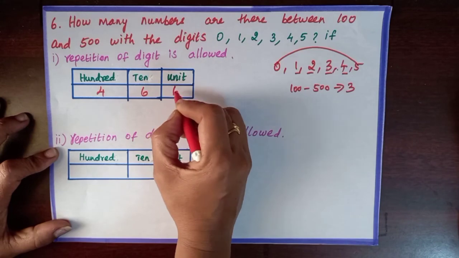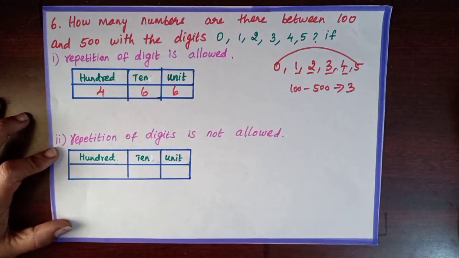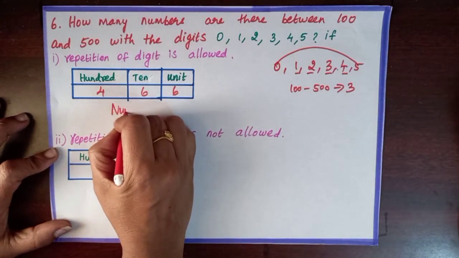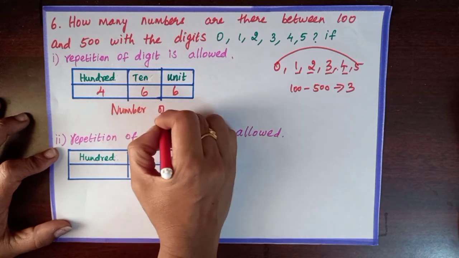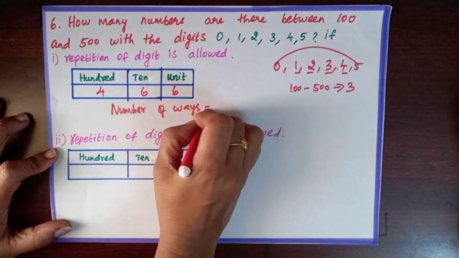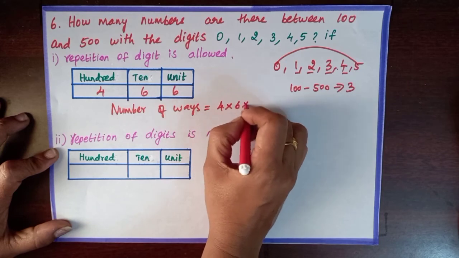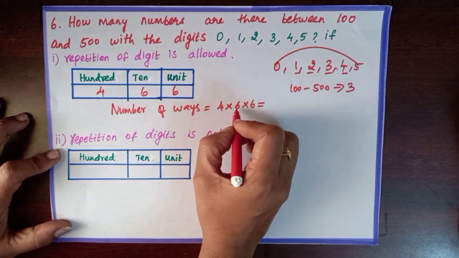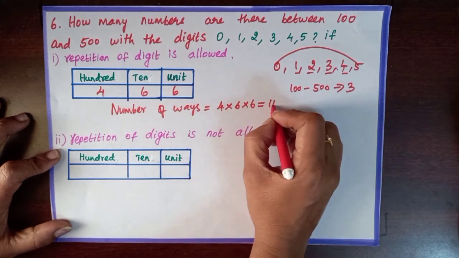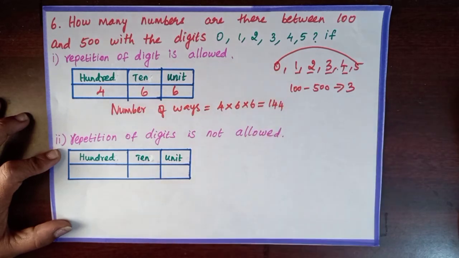So 6 ways, since repetition is allowed. Number of ways is equal to 4 into 6 into 6. 4 into 6, 24 into 6 is 144 ways.